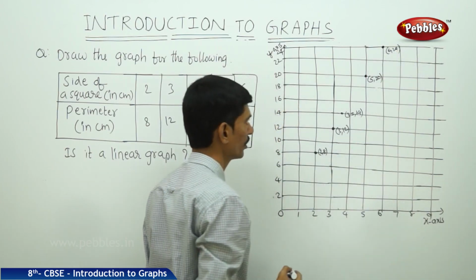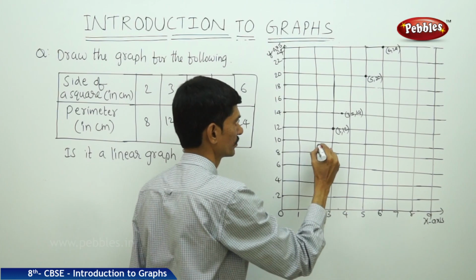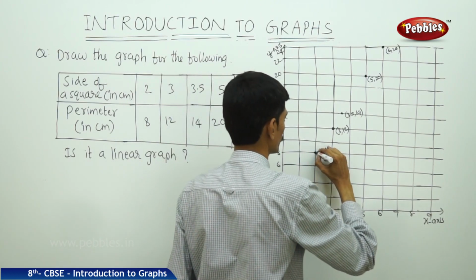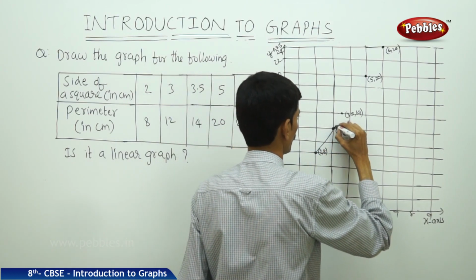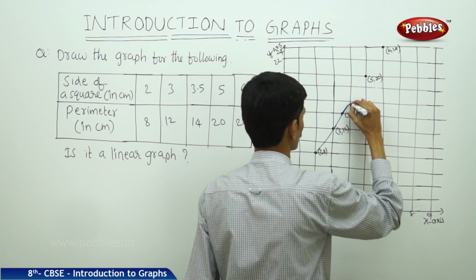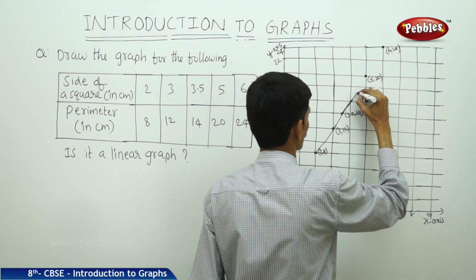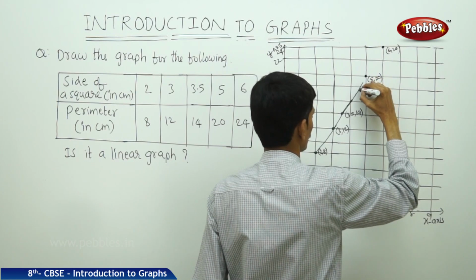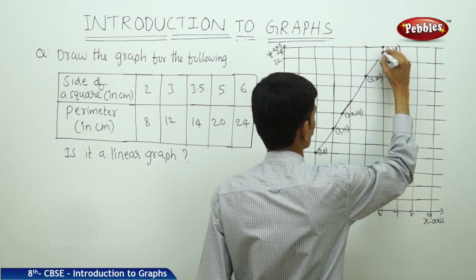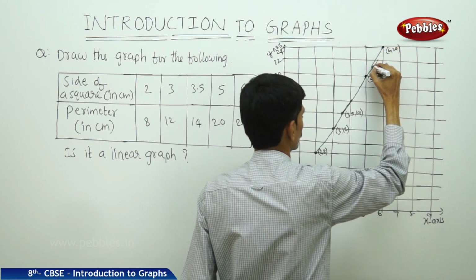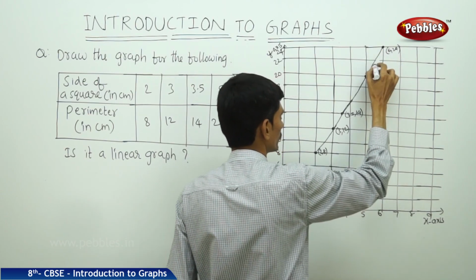Now let us join all the points. If you join all these points, we get a straight line, which represents a linear graph. Now the graph is linear.